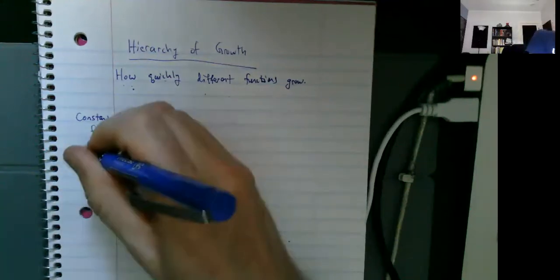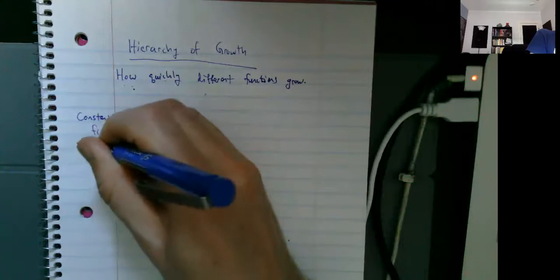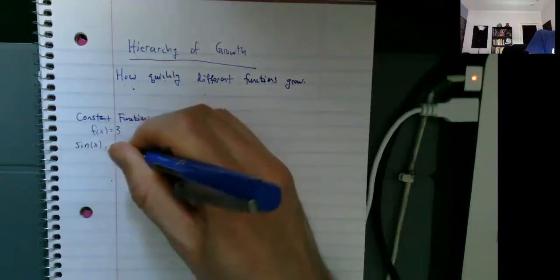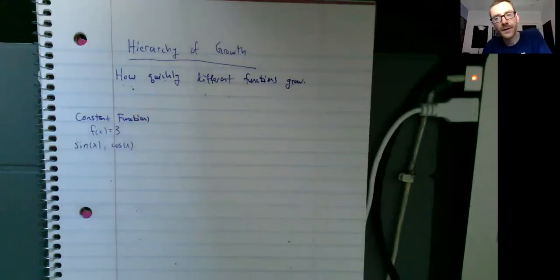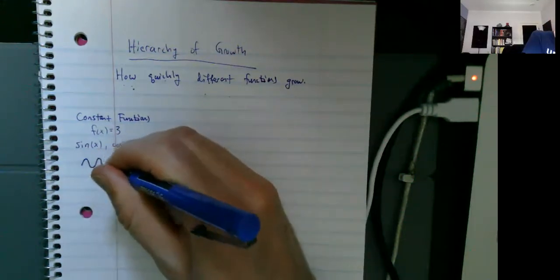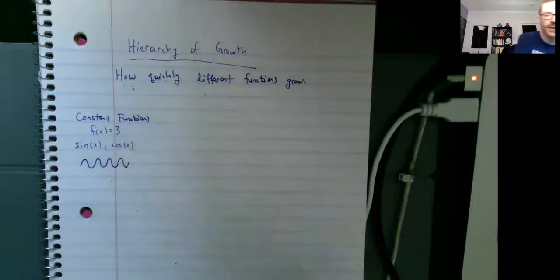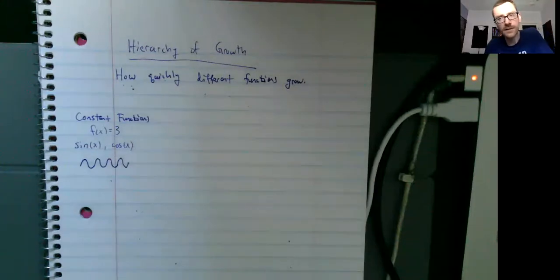But I would also put some other functions here, namely the sine function and the cosine function. Now, those functions are not constant. So you might be wondering why I say that those guys grow the most slowly. They're not constant. But if you remember what they look like, the sine and cosine functions, the graph kind of looks like this. They just bounce up and down. The fancy word is they oscillate, like they just go up and down over and over again.